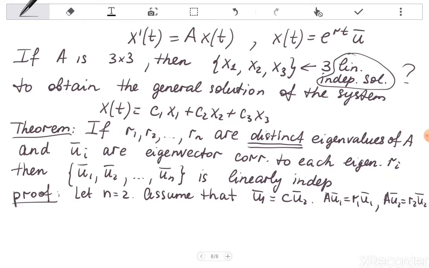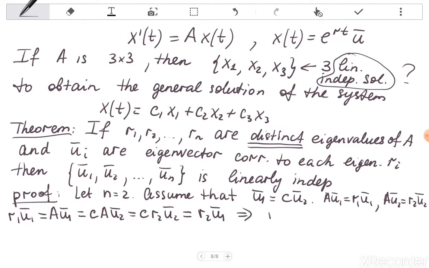Let's start with R1 u1. We know that this is A times u1, and we know that u1 is C times u2 from this equality. And A u2, we know that this is R2 u2. And C u2 comes back to u1, so this is R2 u1.